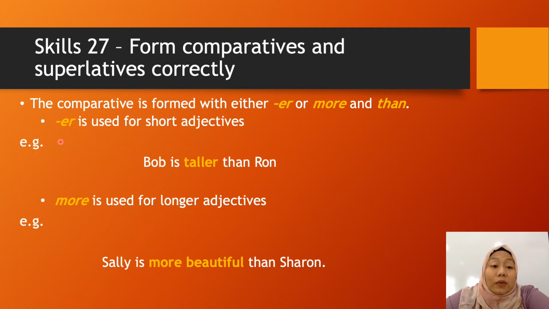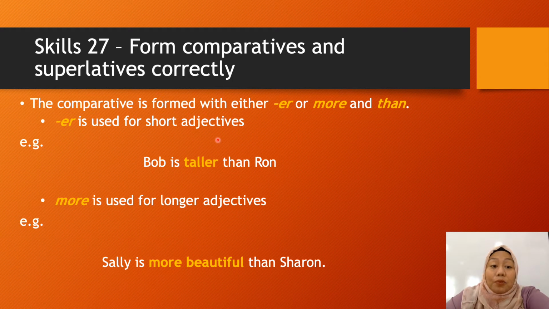Okay, the first one is the suffix er, which is used for short adjectives. So if you have short adjectives to form a comparative, you put suffix er at the end of the words. For example, taller, shorter, smaller, bigger. Okay, that's how you form a comparative from short adjectives.